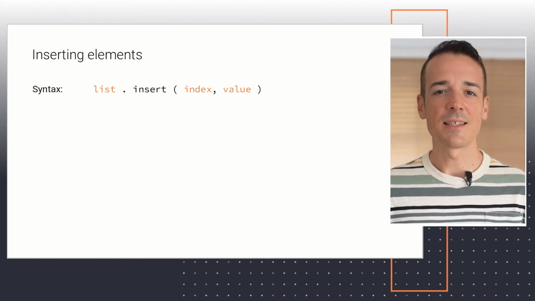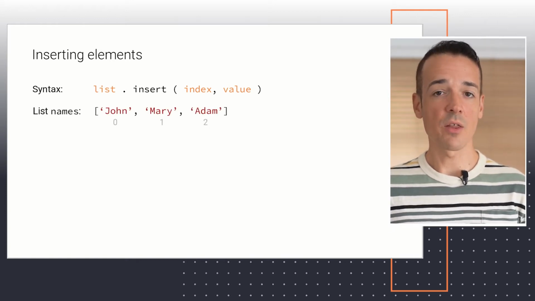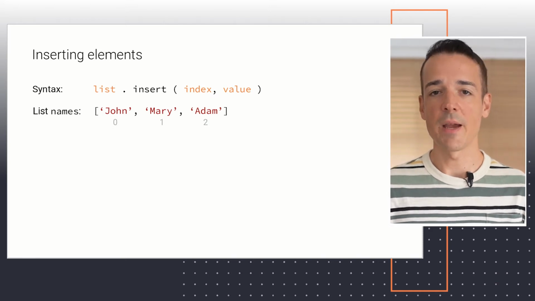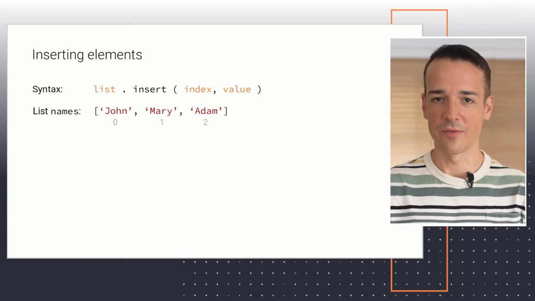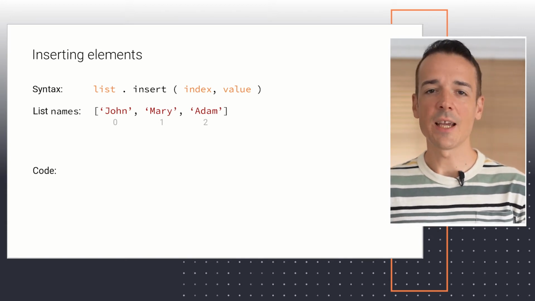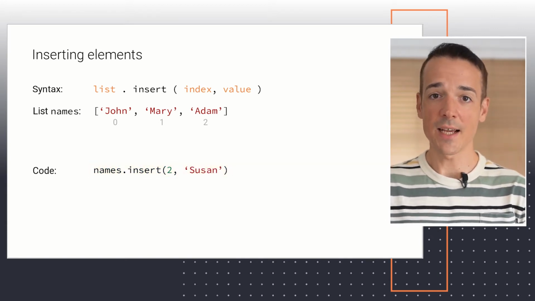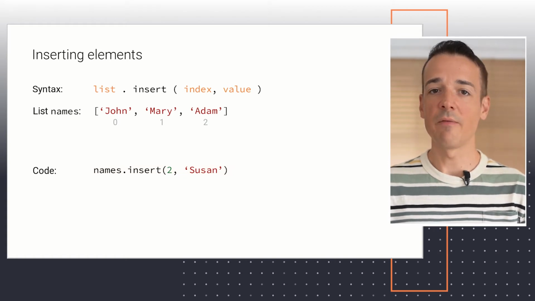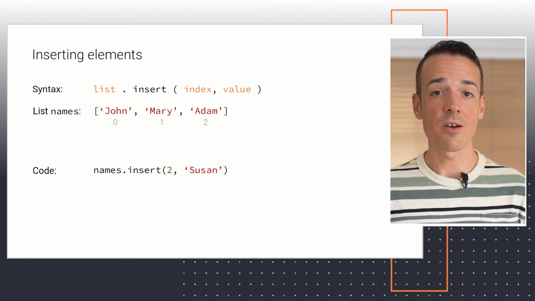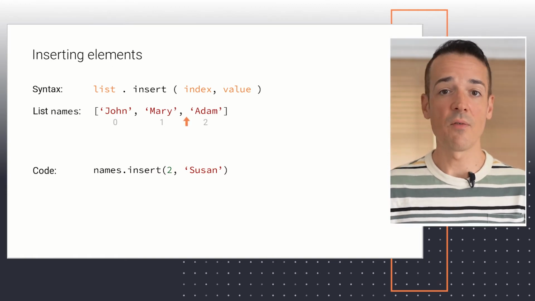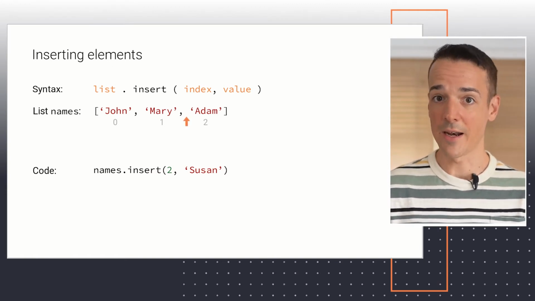For example, let's now start with a list called names with 3 strings set to John, Mary, and Adam, where each element occupies the positions shown here. Let's invoke the insert method with argument index set to 2 and argument value set to Susan. This call asks Python to insert string Susan before the element at position 2, which is Adam.